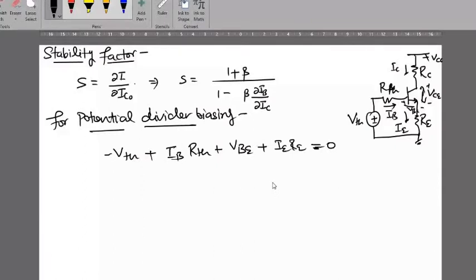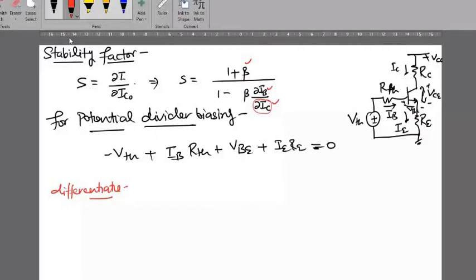If I say the potential divider biasing, and I differentiate with respect to IC, because generally for finding the stability factor I have beta with IB. If I differentiate the whole equation with respect to IC, in that case I can find the stability factor.